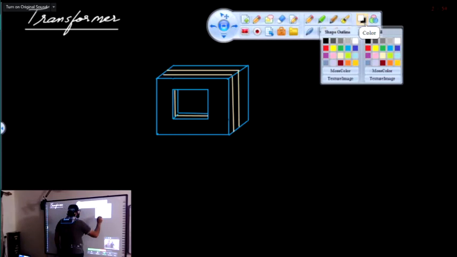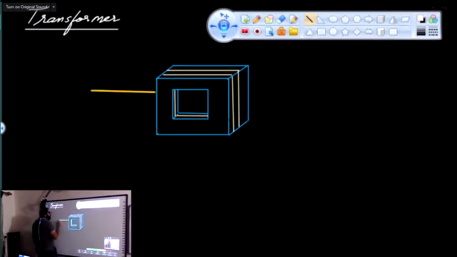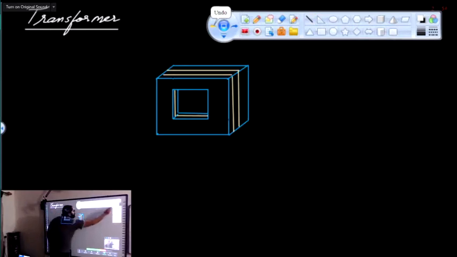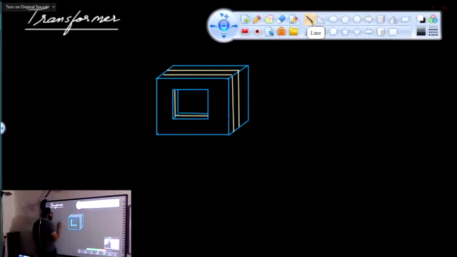Okay, now I'm showing you this part. This is a coil of the transformer. अच्छा बेटे, अब ट्रांसफॉर्मर को which part will decide that this is a step-up or step-down transformer?